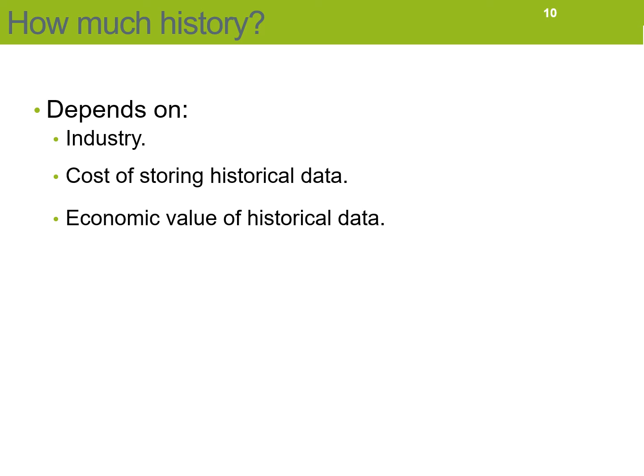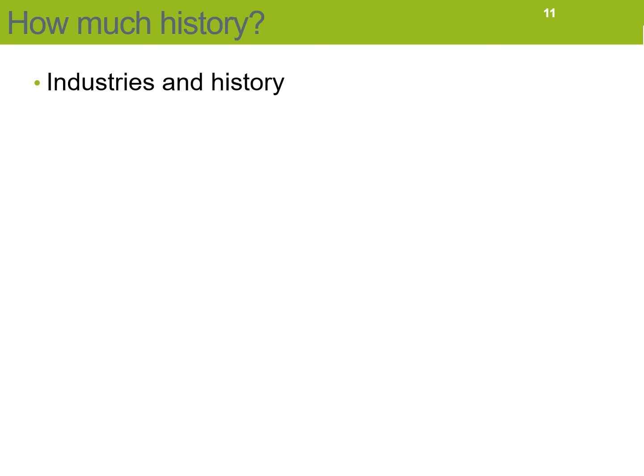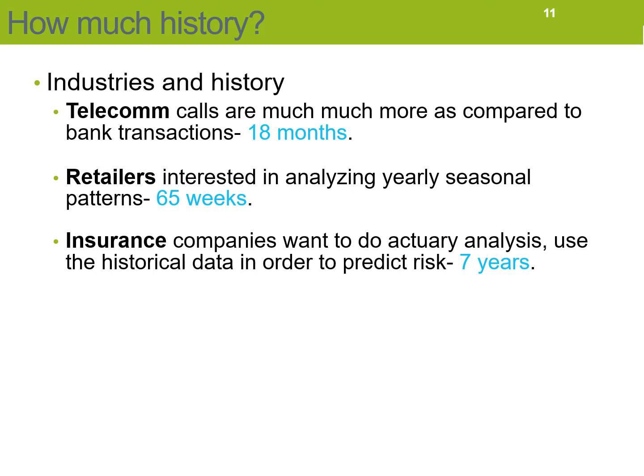In the telecommunication industry, typically around 18 months of data is stored, because there are a lot more call detail records than there are bank transactions, deposits and withdrawals. So the storage period is less as compared to a bank.